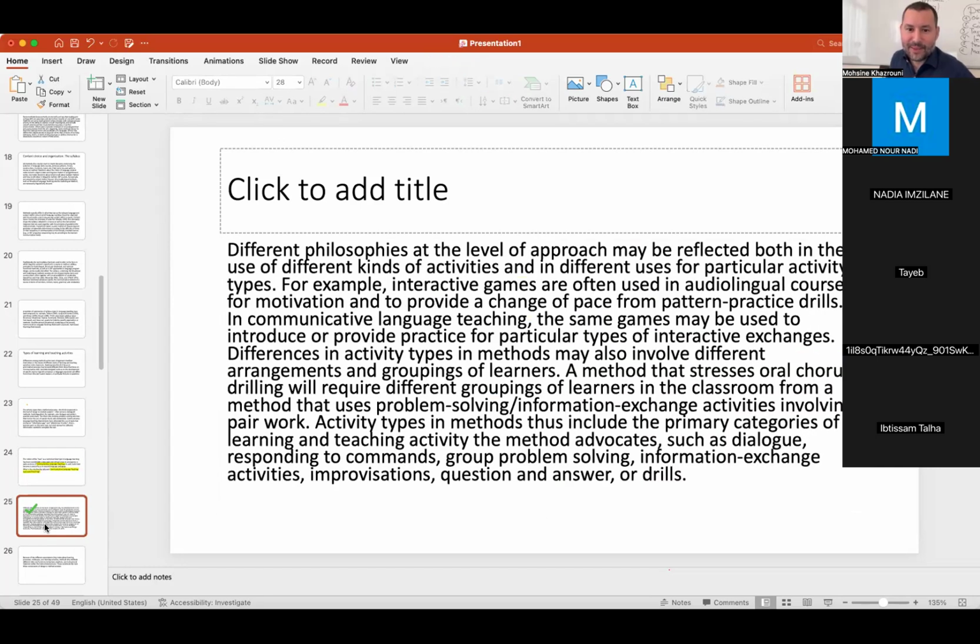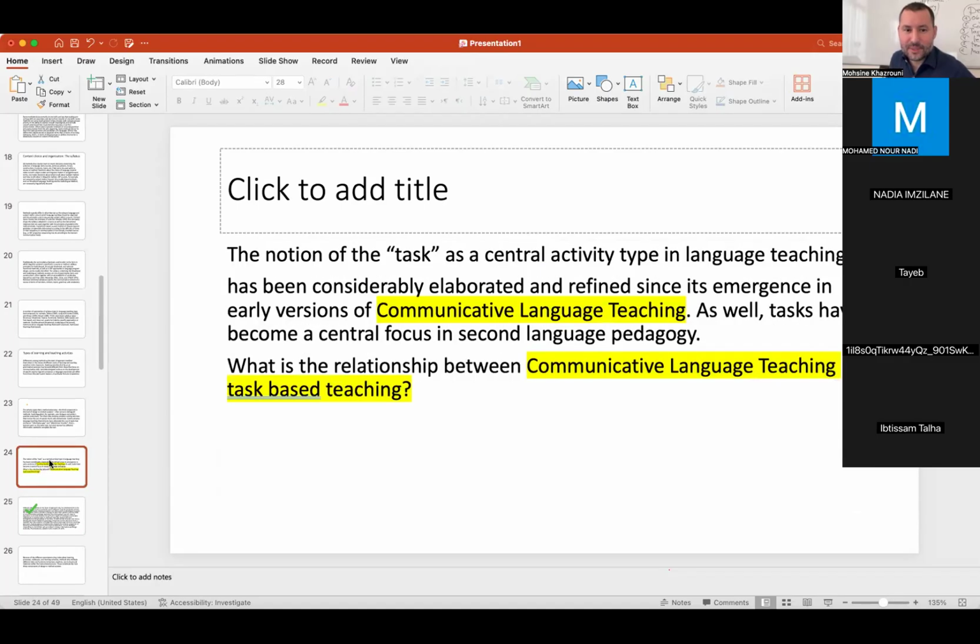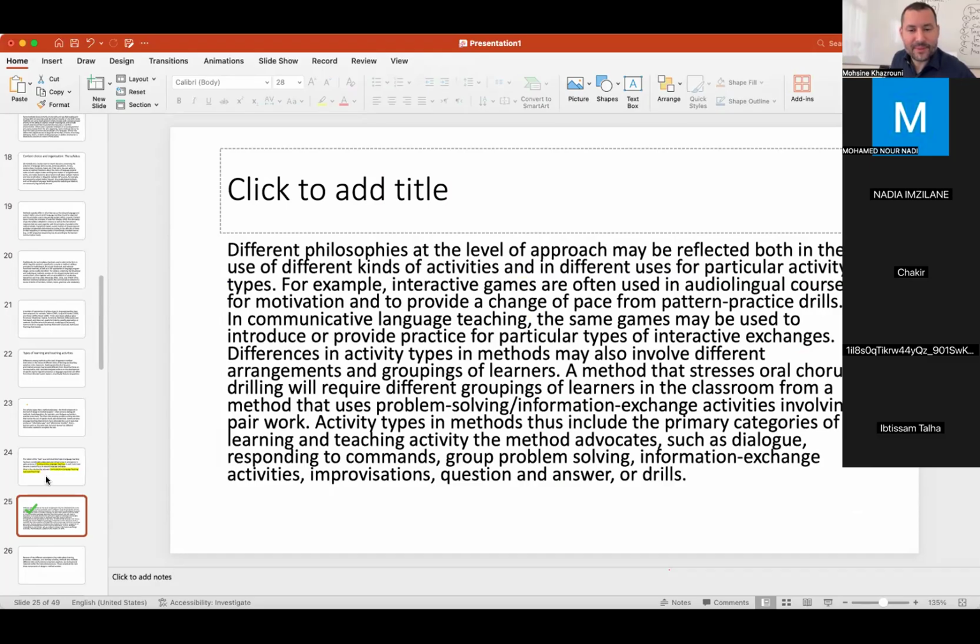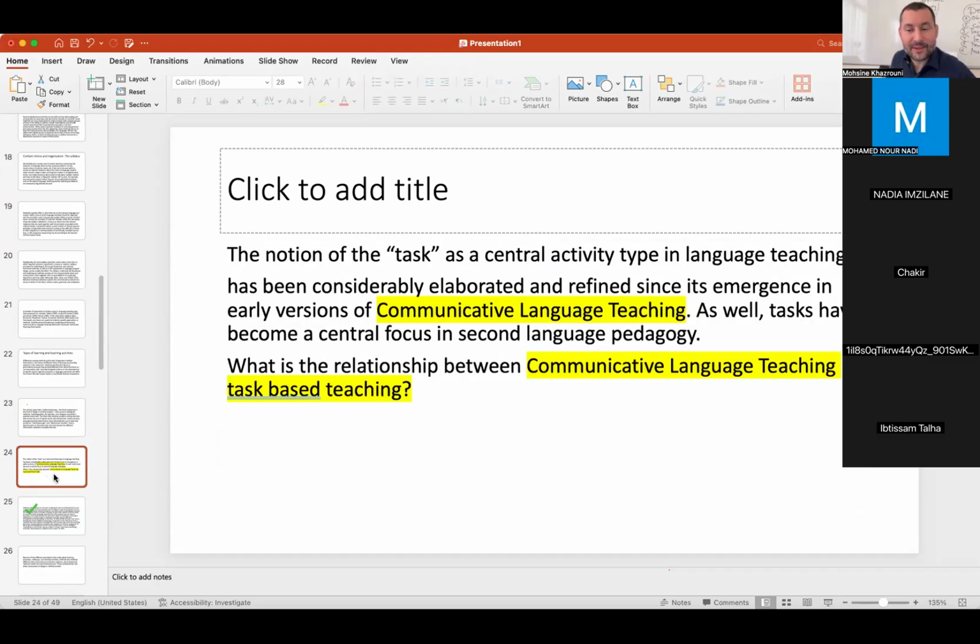You're welcome. So what have we done so far? Number 1, objectives. Number 2, syllabus. Number 3. Can you explain the task you said in communicative approach? Shakir, we're going to talk in detail about each method, but for now, task-based is related to communicative, because both of them highlight the communicative aspects of language.